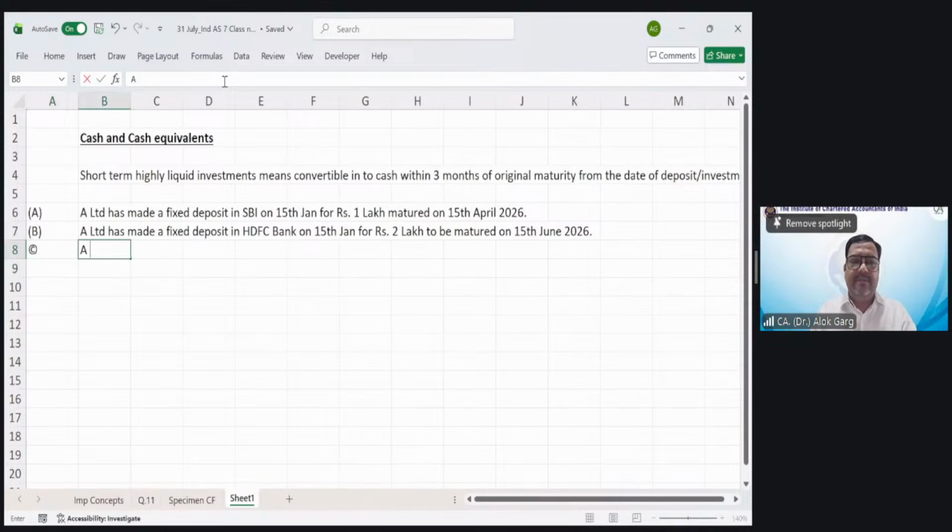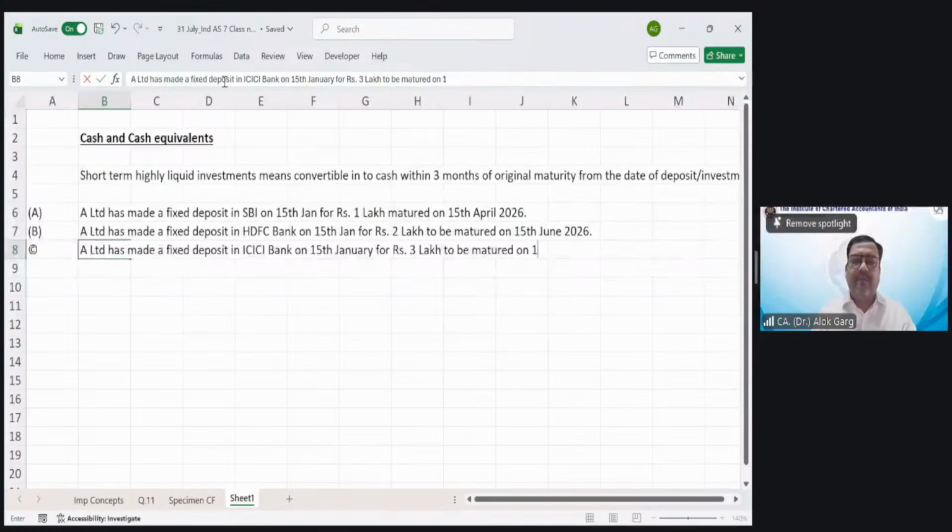C. A Limited has made a fixed deposit in ICICI Bank on 15th January for rupees 3 lakh to be matured on 15th April 2027.